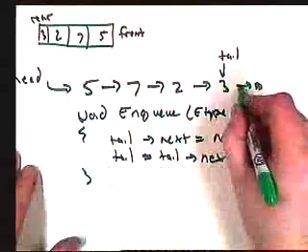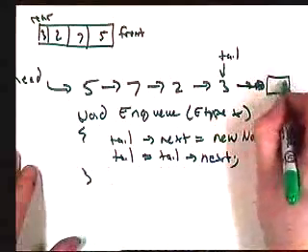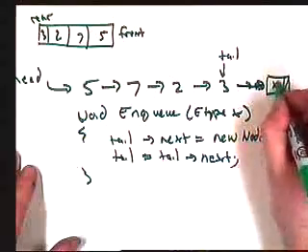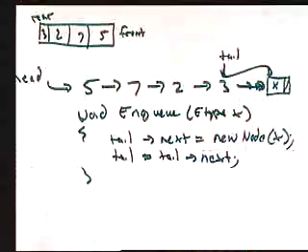So we point this to some new node, which itself points to null, and then move tail to there. And that's all that's involved in enqueue, as long as you have this tail pointer.